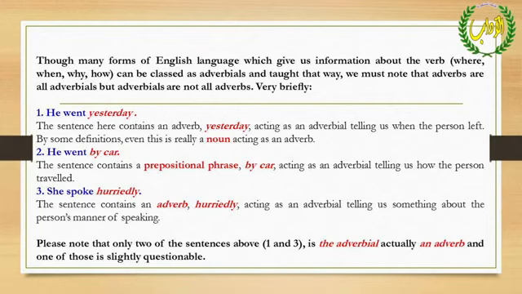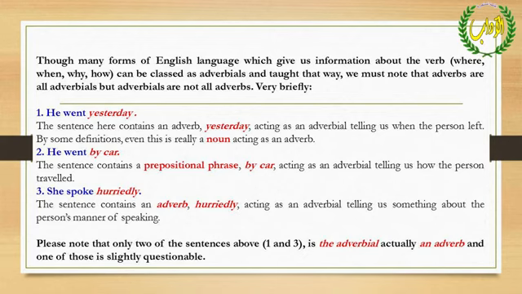Second, he went by car. The sentence contains a prepositional phrase, by car, acting as an adverbial, telling us how the person traveled. Third, she spoke hurriedly. The sentence contains an adverb, hurriedly, acting as an adverbial, telling us something about the person's manner of speaking.